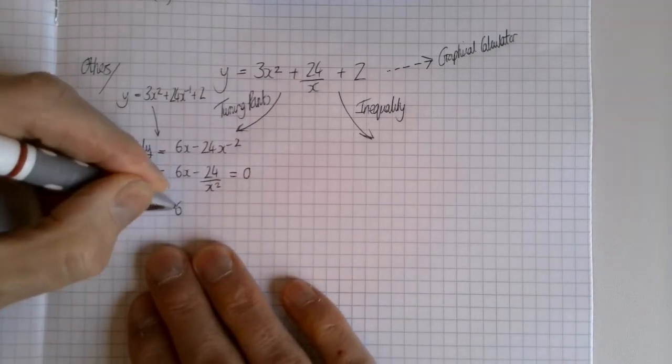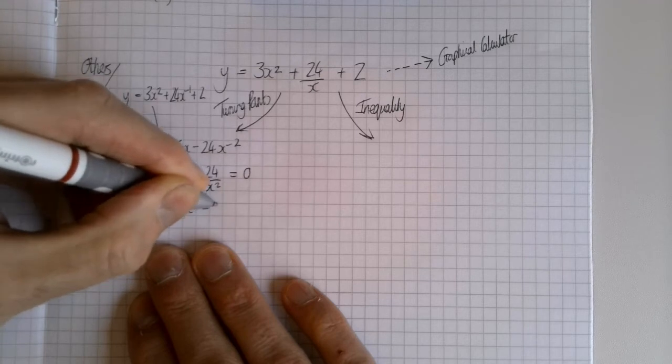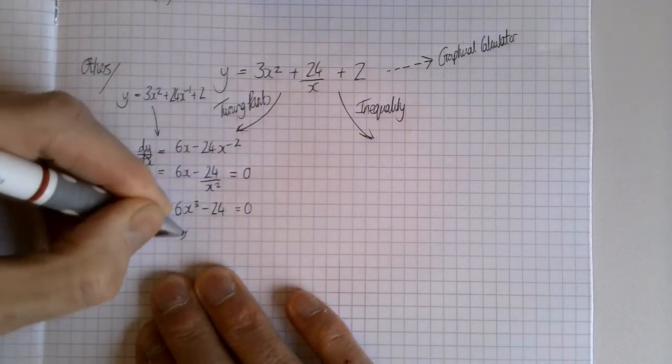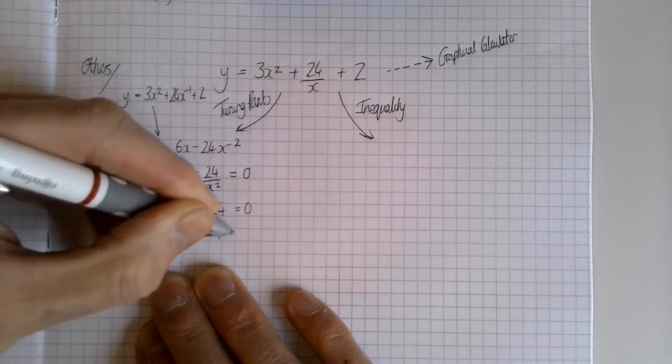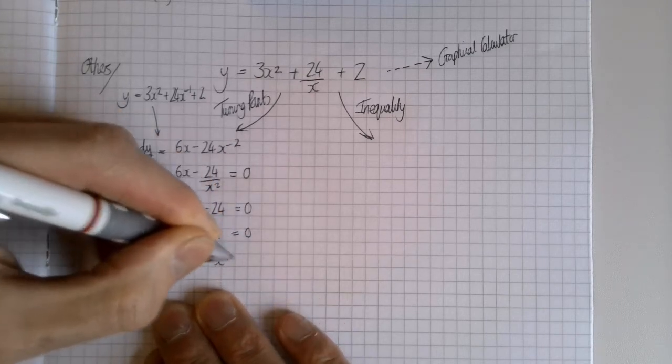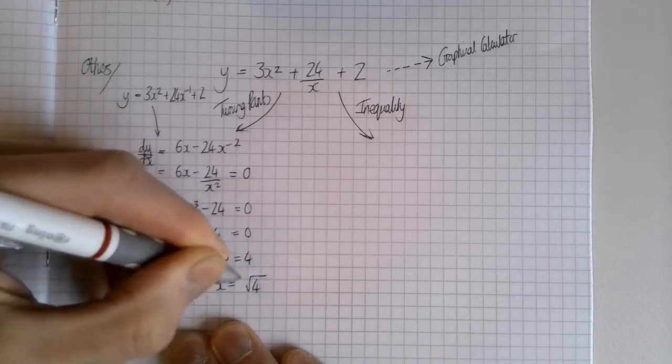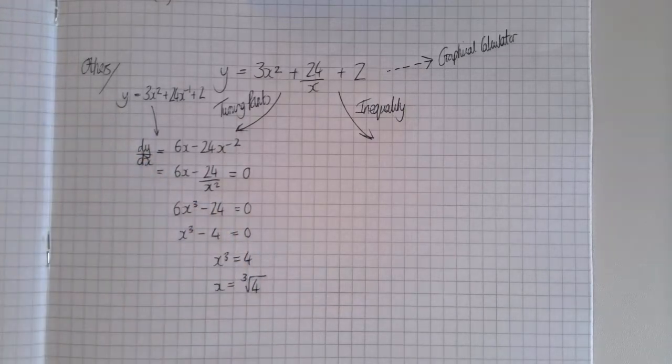Hopefully you've already had a stab at this. Multiply by x squared, divide by 6, add 4, so my turning point, and there's one of them, is the cube root of 4.